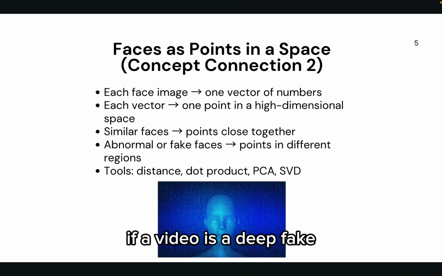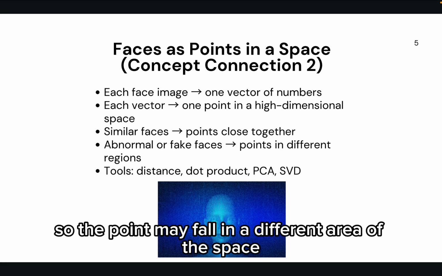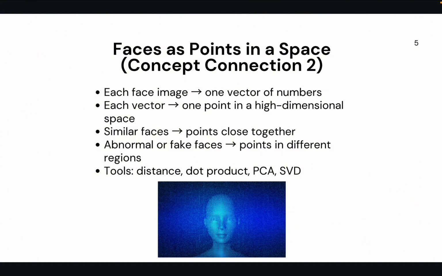If a video is a deepfake, some tiny pixel patterns will look different, so the point may fall in a different area of the space. Linear algebra gives us tools to measure similarity using distance or dot products, and analyze patterns using methods like PCA, which stands for Principal Component Analysis, or SVD. These tools help us separate normal faces from strange or manipulated ones.